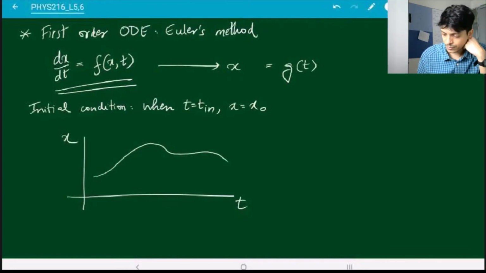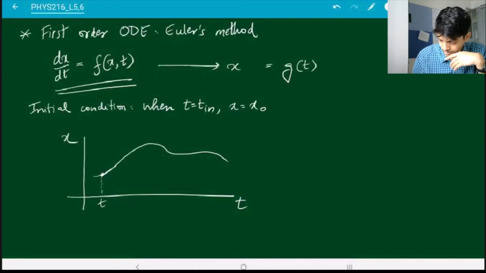What this differential equation means is that at any point t where I might be, the rate at which x changes is given by f. So f is the slope of x as a function of t.